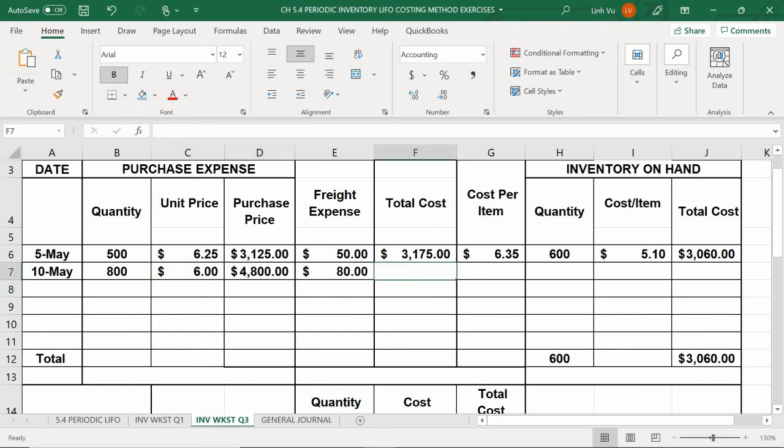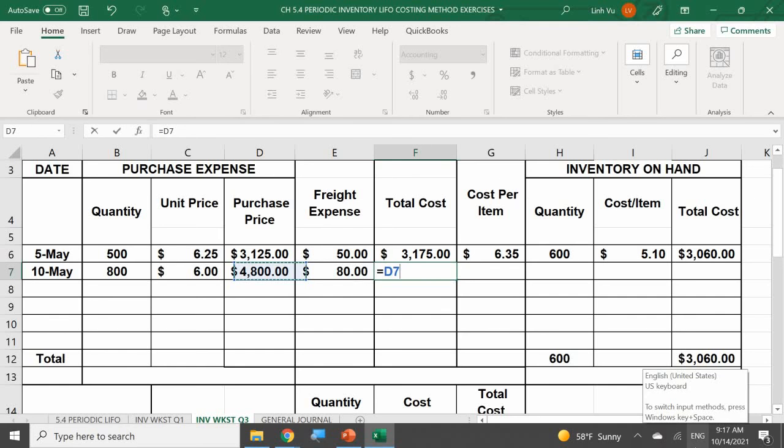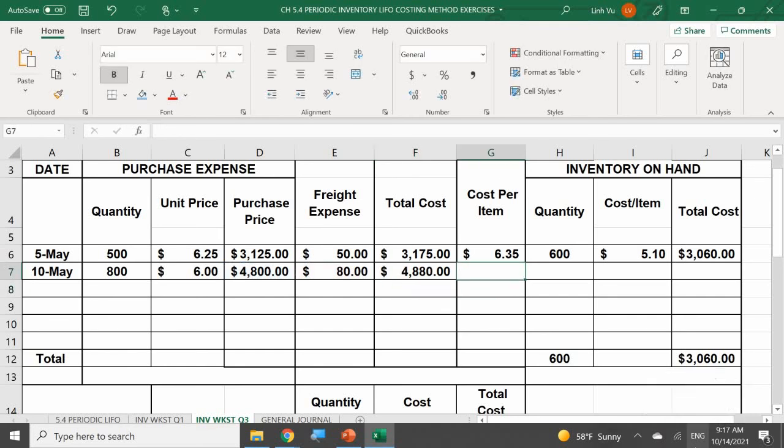Plus 80 gives me a total cost of 4,880. Good. Which brings my cost per item to be $6.10.